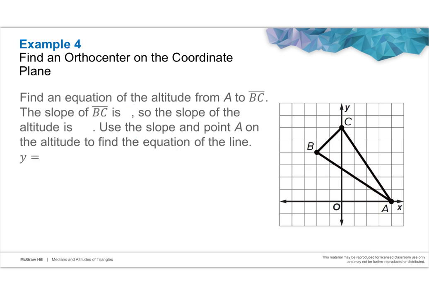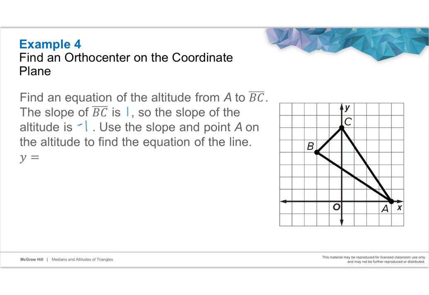Now we will go about finding the equation of the altitude from point A over perpendicular to side BC. And the slope of BC, if we calculate that, is a rise of 2 and a run of 2. So the slope is 1. And so the slope of the altitude coming across from A is -1.